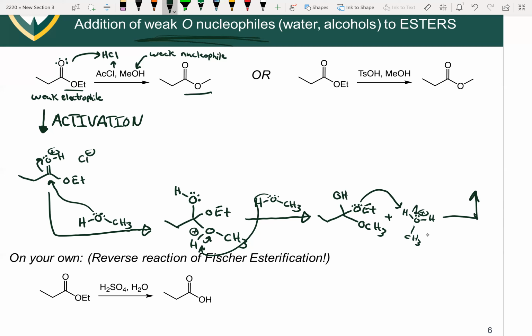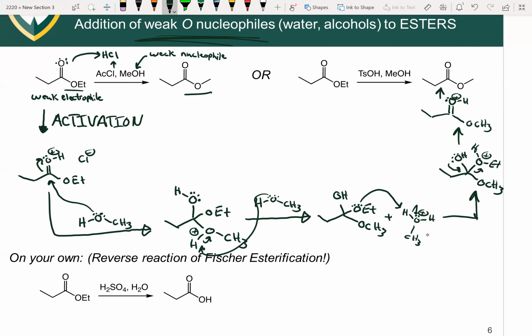So we're just doing this proton shuffle we've done so many times before. And that is to activate our leaving group of the ethyl group. And that makes it a good leaving group and leads to our protonated ester. Which, when deprotonated, leads to product.